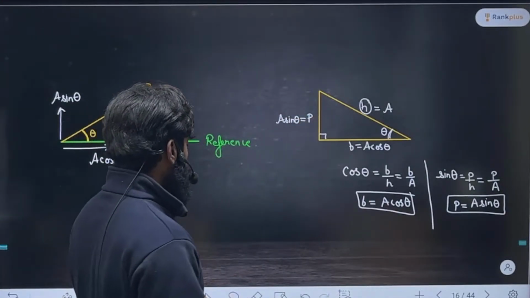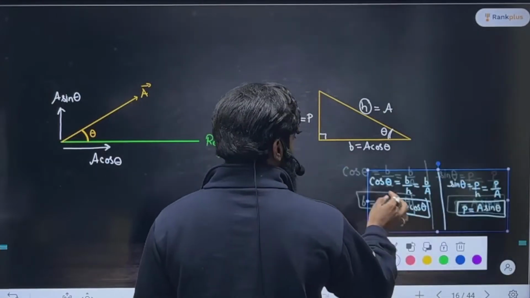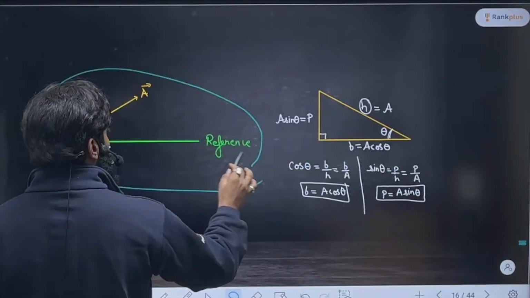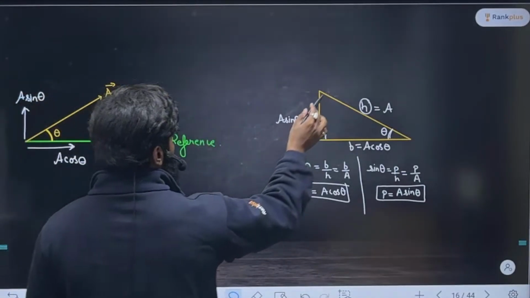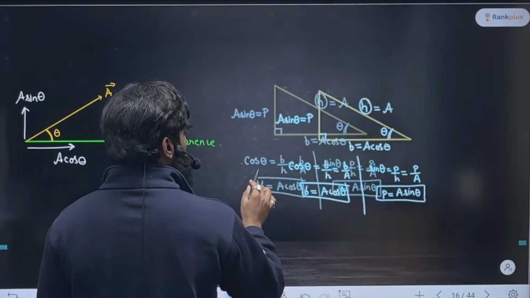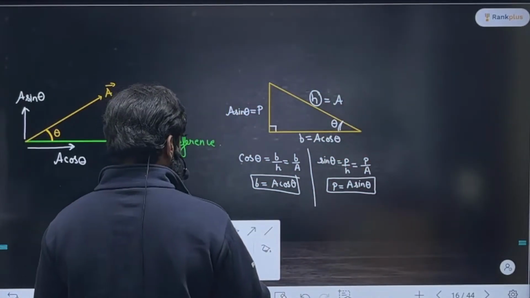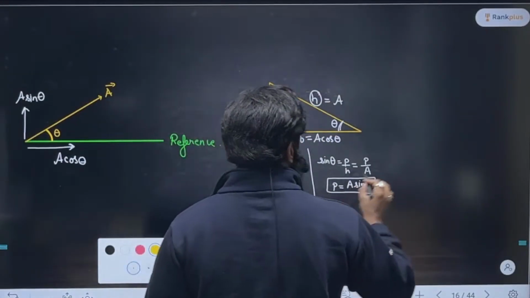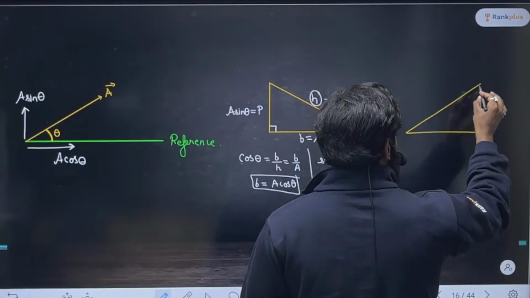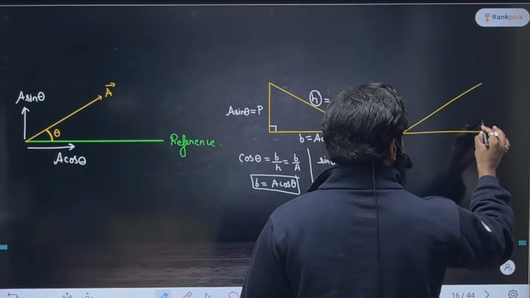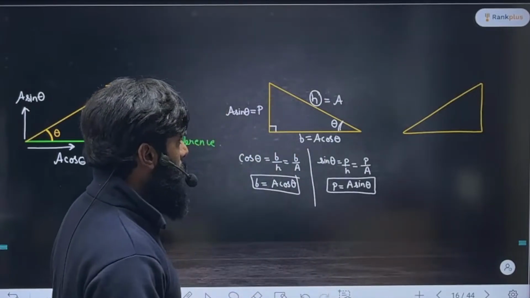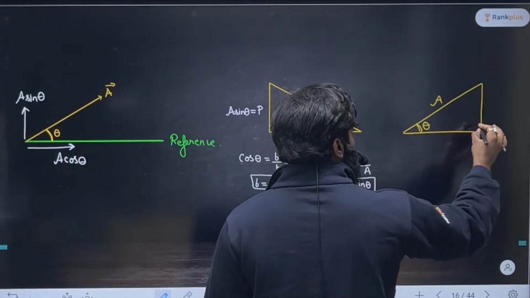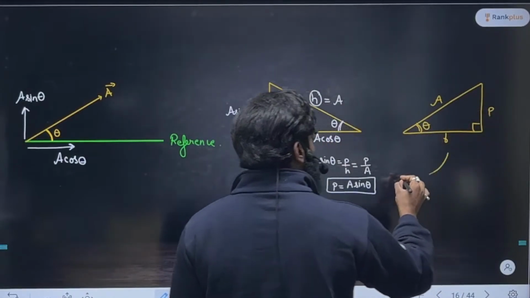Now, similarly, if I consider this as A, this as theta, perpendicular and base, you'll be getting this thing, right?